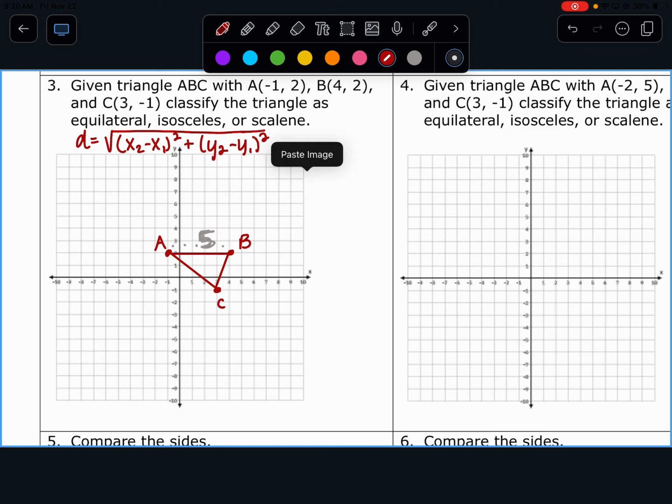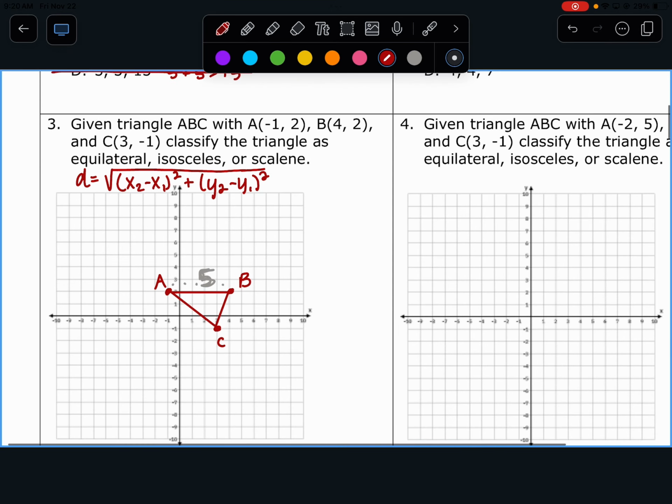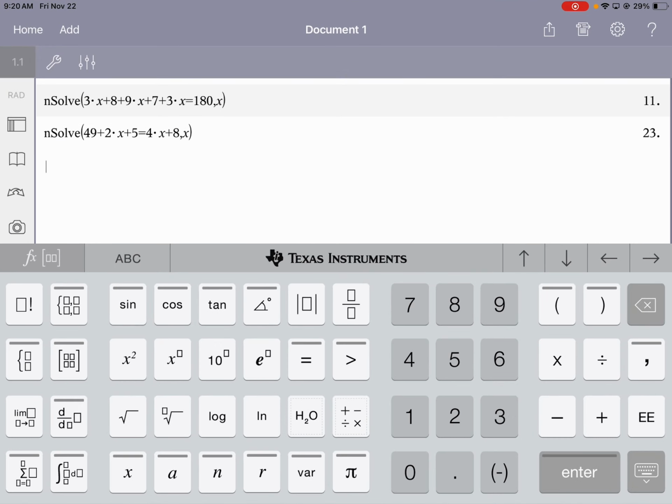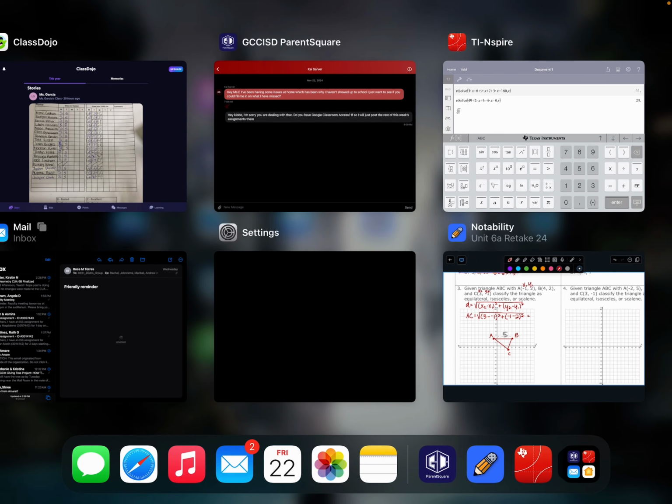All right, so for AC, we're going to use A as x1, y1, and C as x2, y2. So the distance from A to C is going to equal the square root of x2 is 3, x1 is -1, y2 is -1, y1 is 2, and then we're going to work that out.